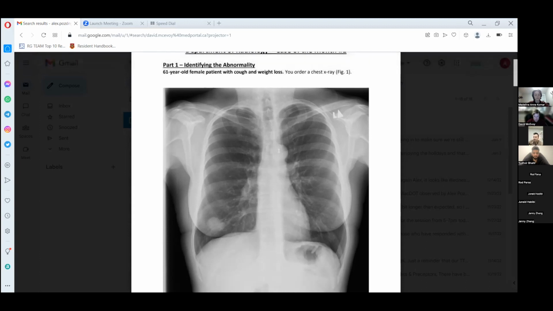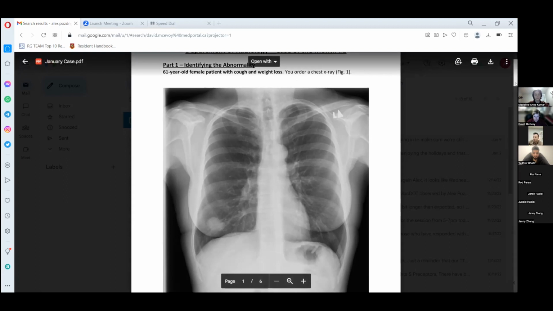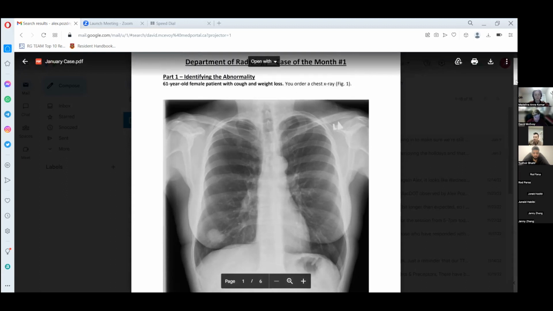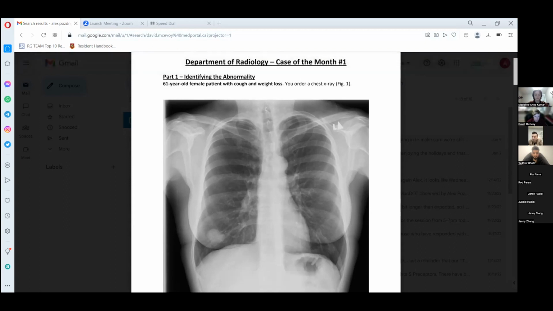And also, I forgot to mention it early on, but it's always important to look at the age and the gender of the patient, and also a little bit about the indication why they're coming in. I should have probably done it in the beginning, but I just jumped right away into the radiograph. But here we have a 61-year-old female patient with cough and weight loss.